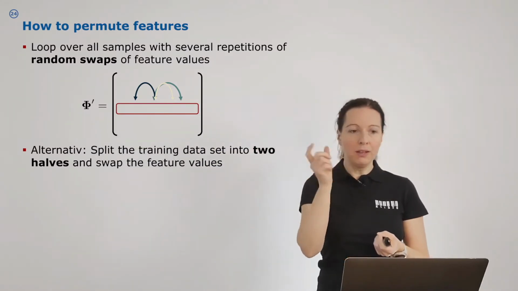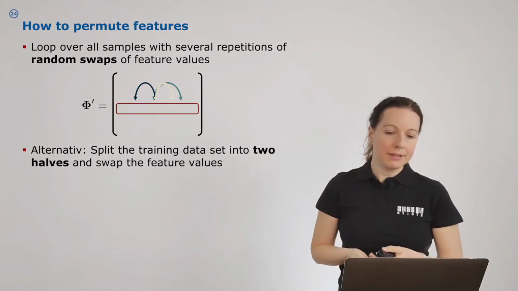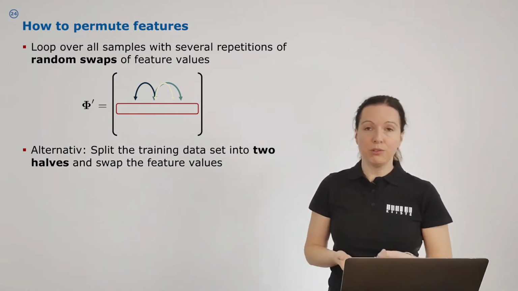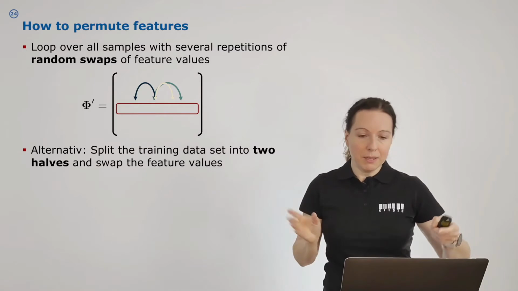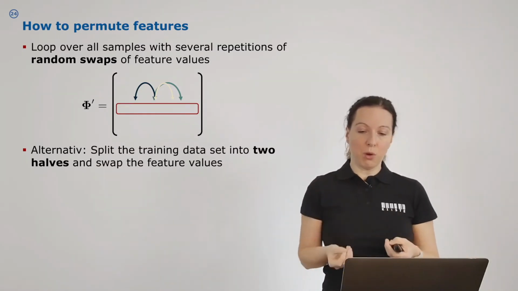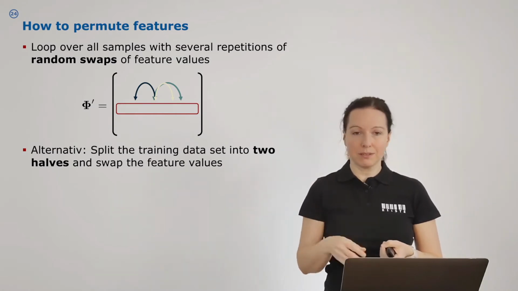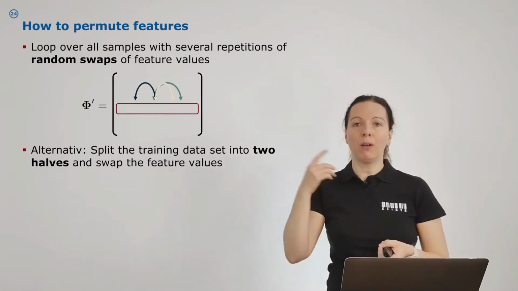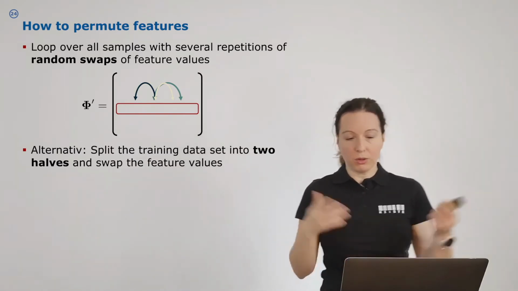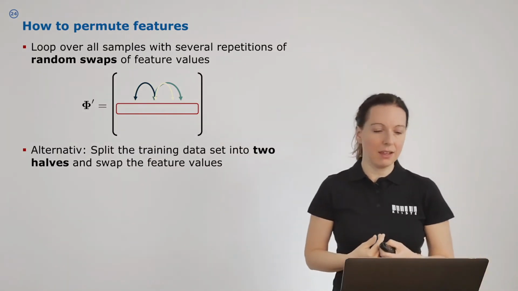So you swap randomly, and you can even think about a more complete procedure, by choosing a sample and then swapping the feature of the sample with the same feature of all other samples. So complete swapping, or you can also do it randomly, which is much faster.